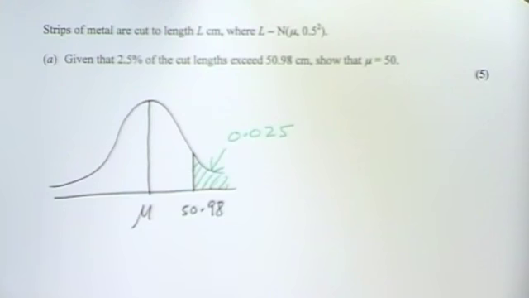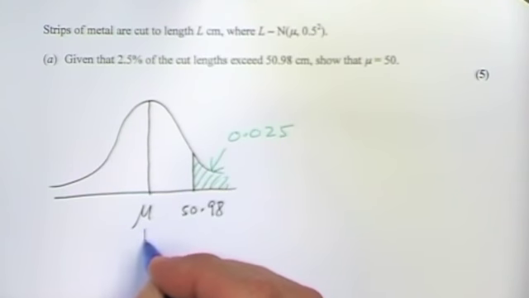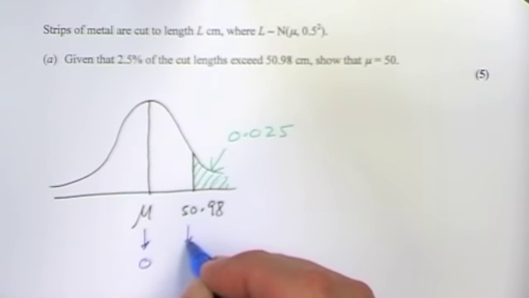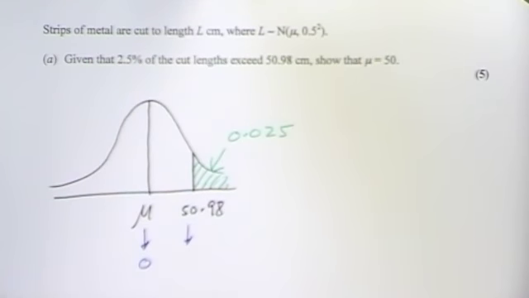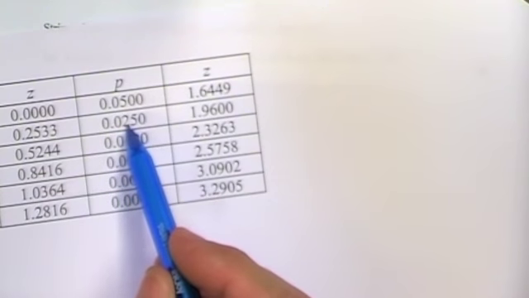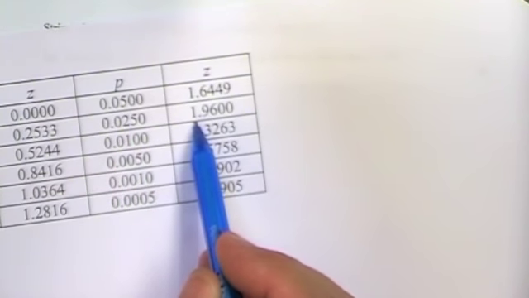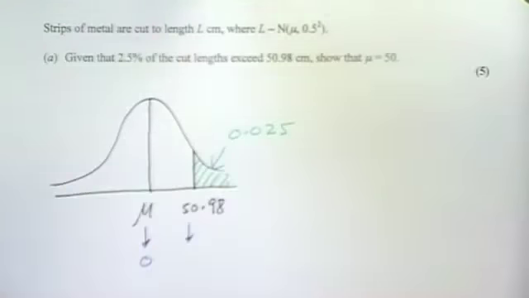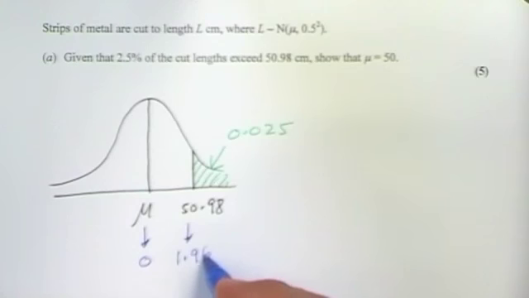Now it wants to show that mu is 50, so that's effectively finding mu. I'm going to standardize. So if I standardize, this becomes 0 to find our z value, and this one here, I've got the probability. It's a nice rounded probability. I can look that up in the second table, I hope. 0.025, so we've got a probability, sorry, that's the probability. This is our z value of 1.96. So this value here is 1.96, and that's the value we can use in the formula.